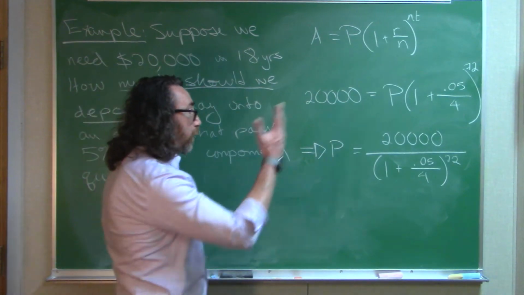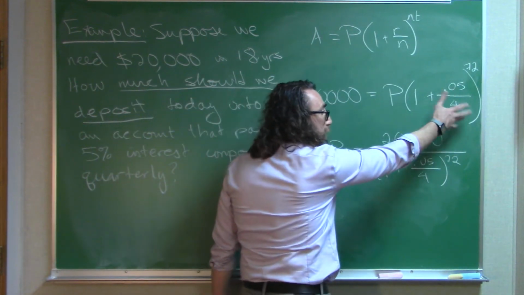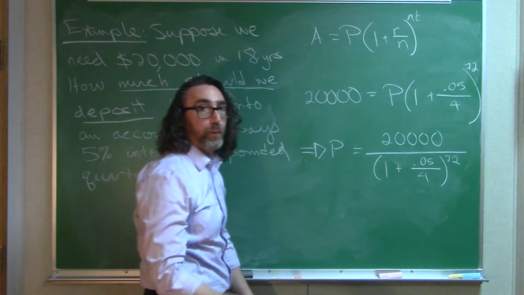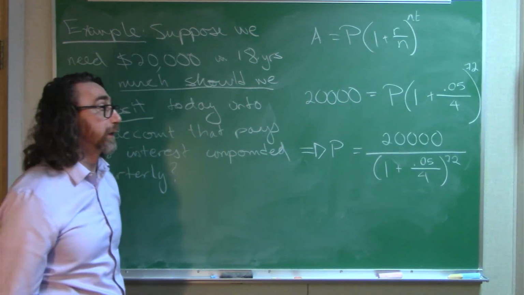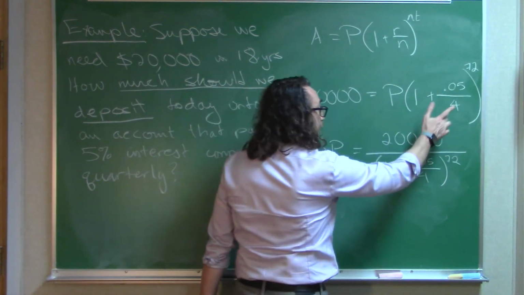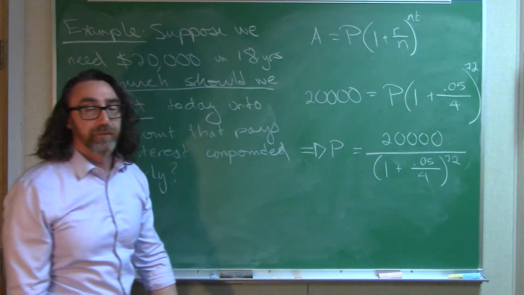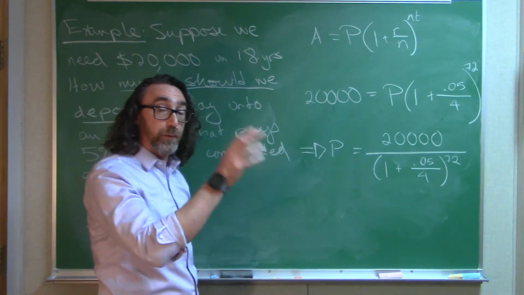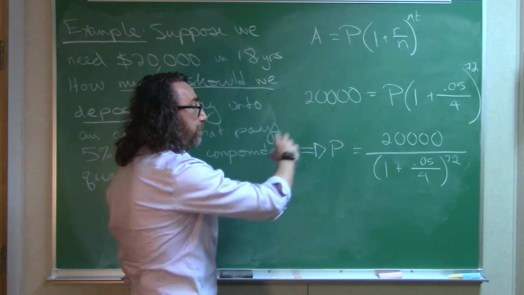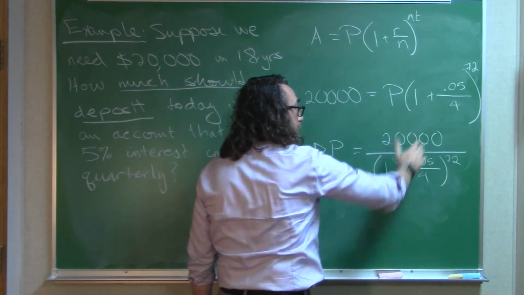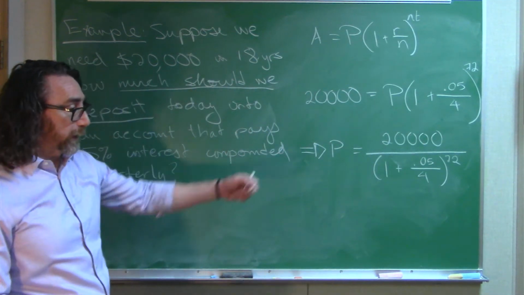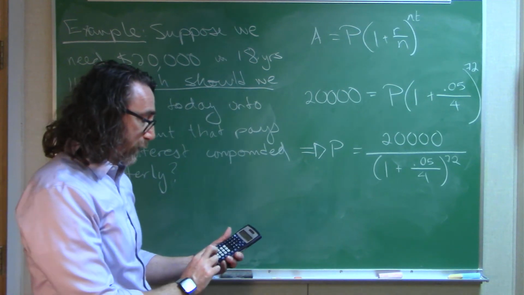Reason being, I want P by itself. Well, P is multiplied by this number, whatever that number is. I don't know what it is right now. So P times this number gives me 20,000. If I want to work backwards and get to the value of P, I would divide both sides by this quantity.